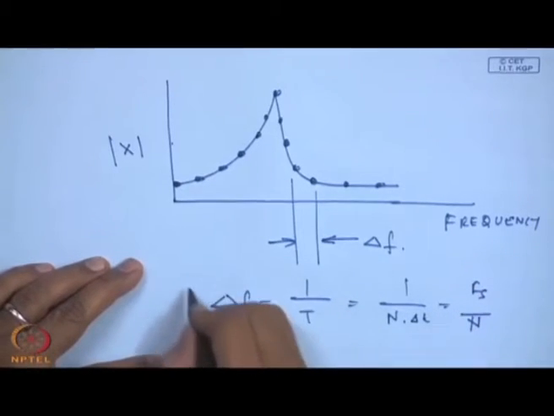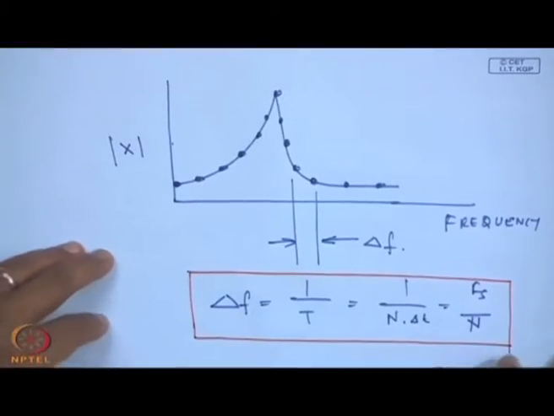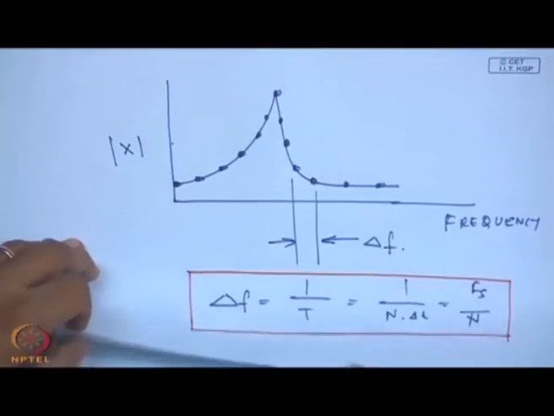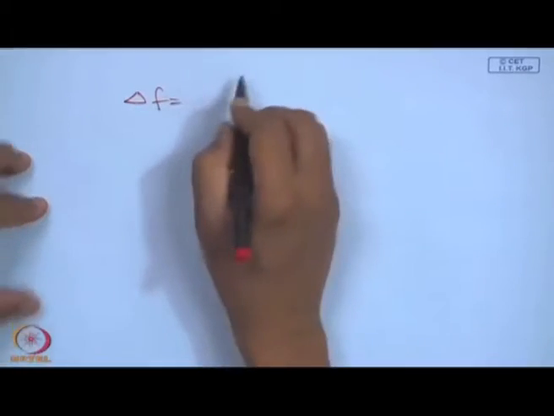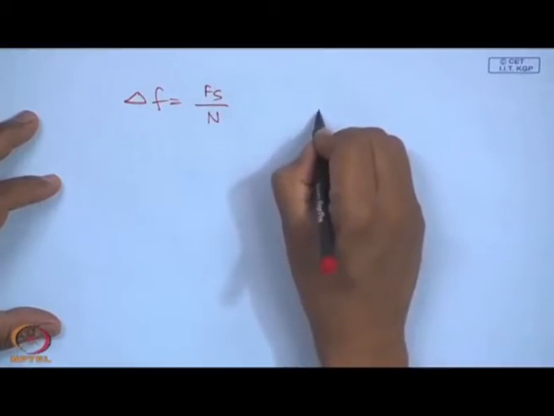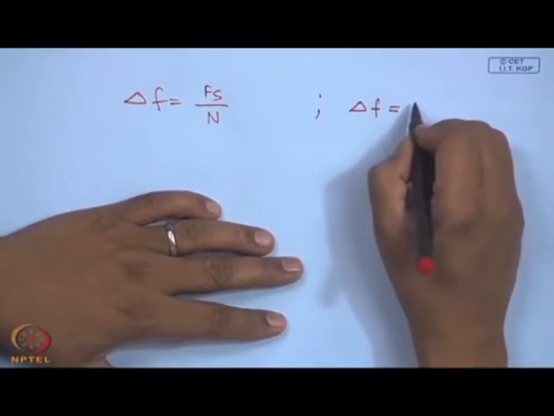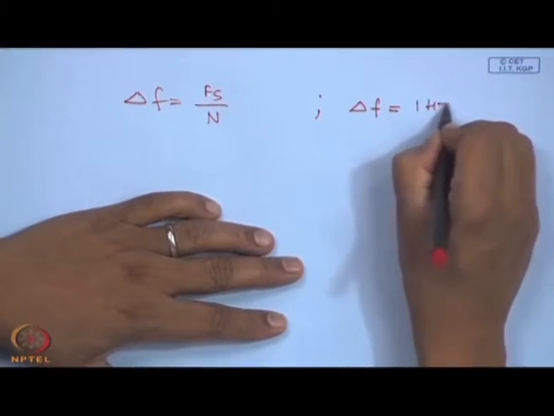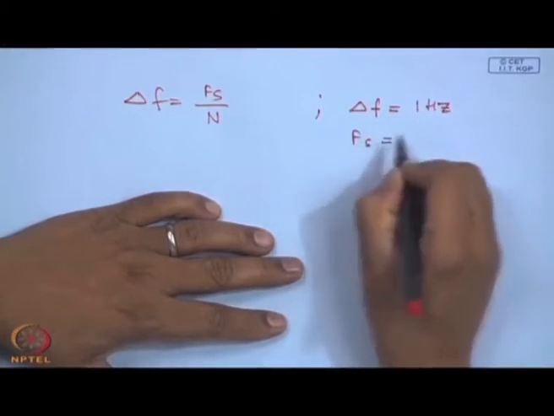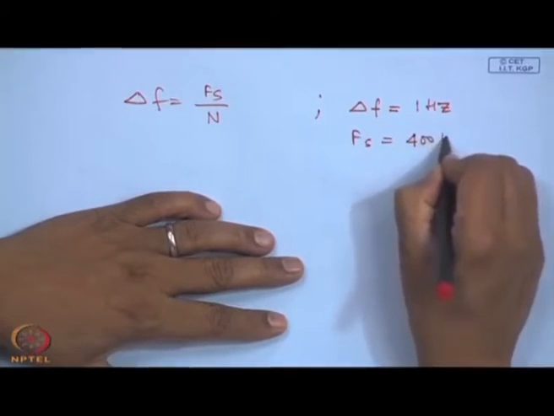This is a very, very important relationship. So, in this example, we had the sampling frequency. So, delta f is nothing but f s by n. Since delta f is equal to 1 hertz, f s, because of the sampling frequency requirement of Shannon's, comes to be 400 hertz.